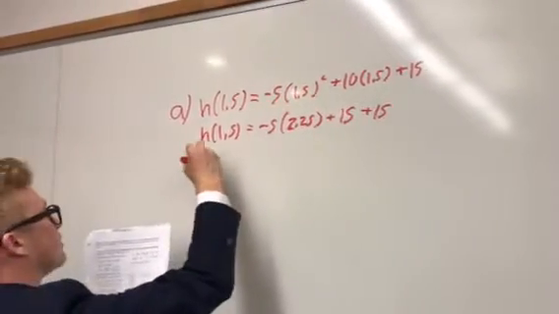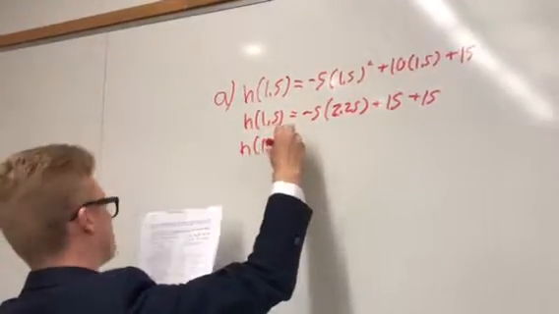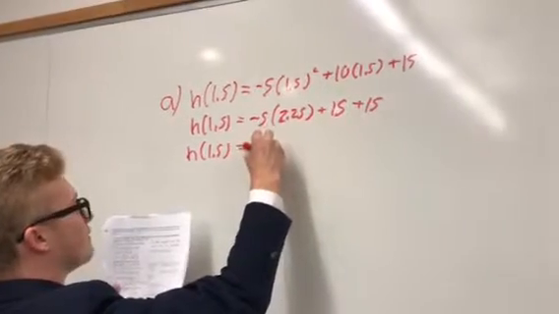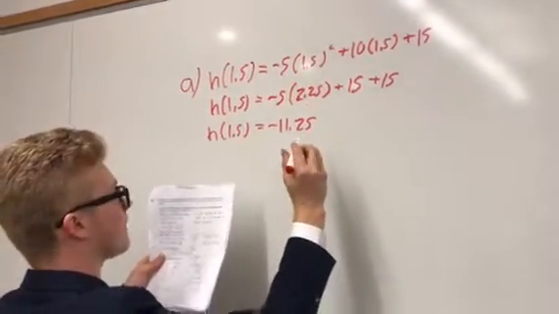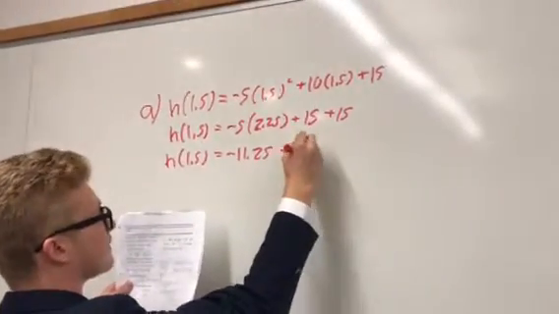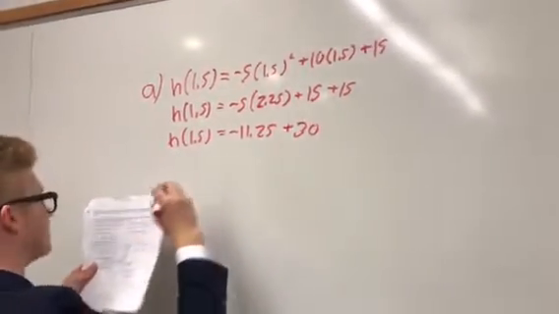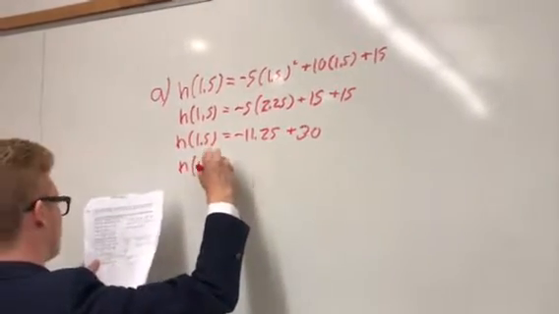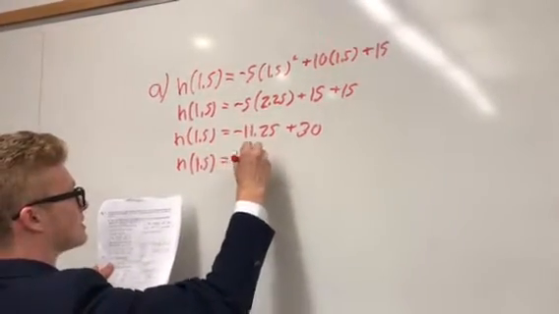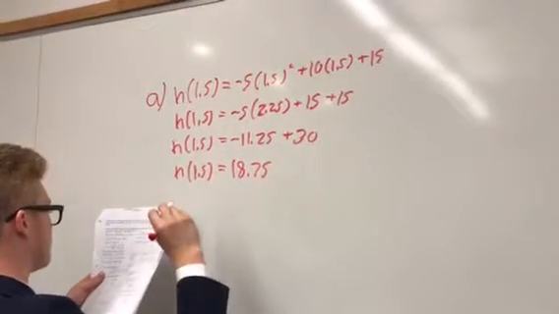And then again, h at 1.5 equals negative 11.25, so you have to multiply these together, plus 30, because you have to add these ones together. And then from that, you get h at 1.5 equals 18.75 when you add those together.